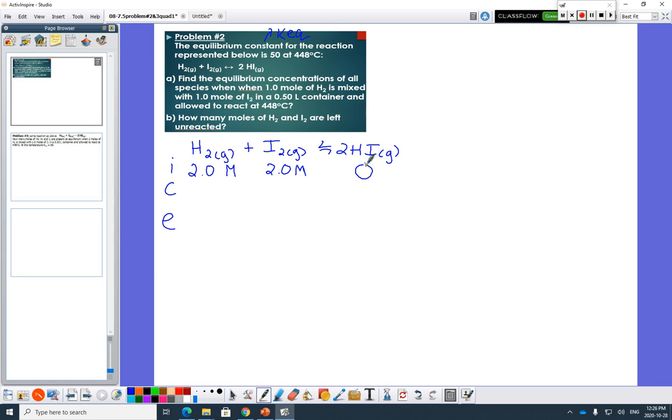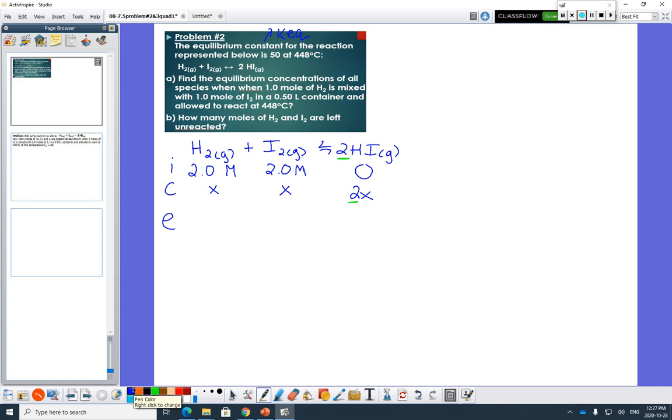Now we have to do the change. These two have a coefficient of 1. This one has a coefficient of 2, so you have to put the 2. If you want to highlight that for yourself, make it apparent.